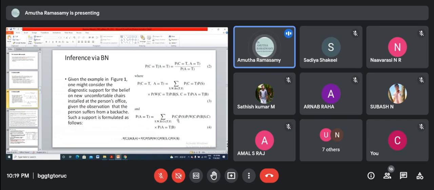It's a conditional dependency. So you will have your A, then you have a summation of all other parameters, scores, workers, back, and the chain.